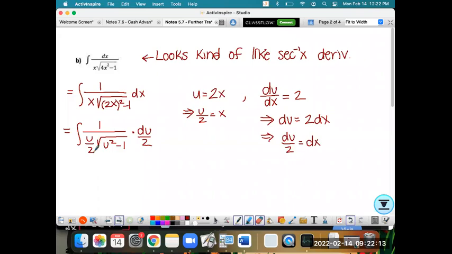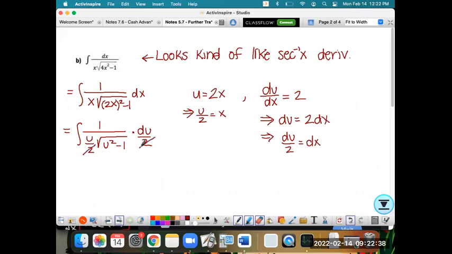There is one thing I'm going to do to simplify. Technically, I can cancel those 2's out because I have a 2 that's kind of in a numerator and a 2 that's kind of in a denominator. I can cancel those out right here without having to do too much extra work.